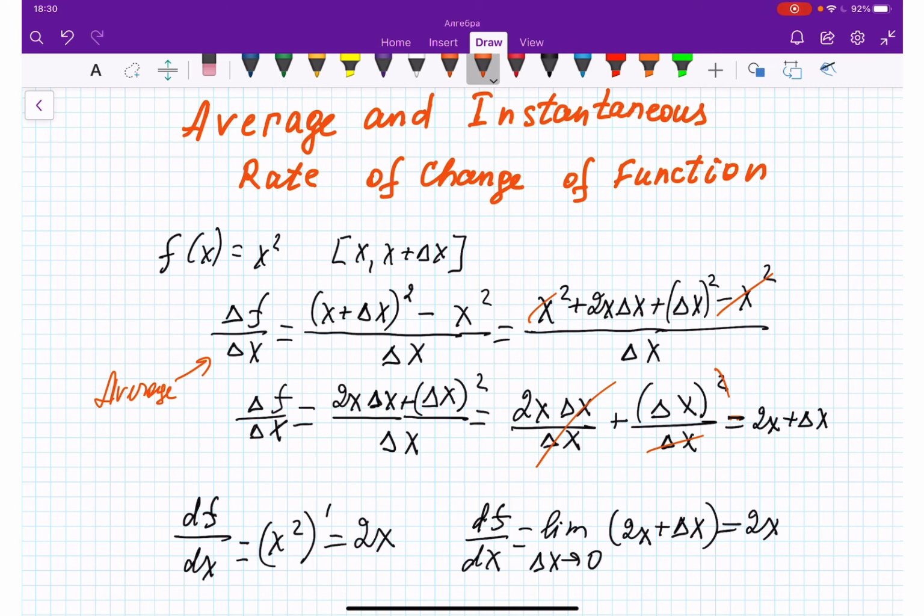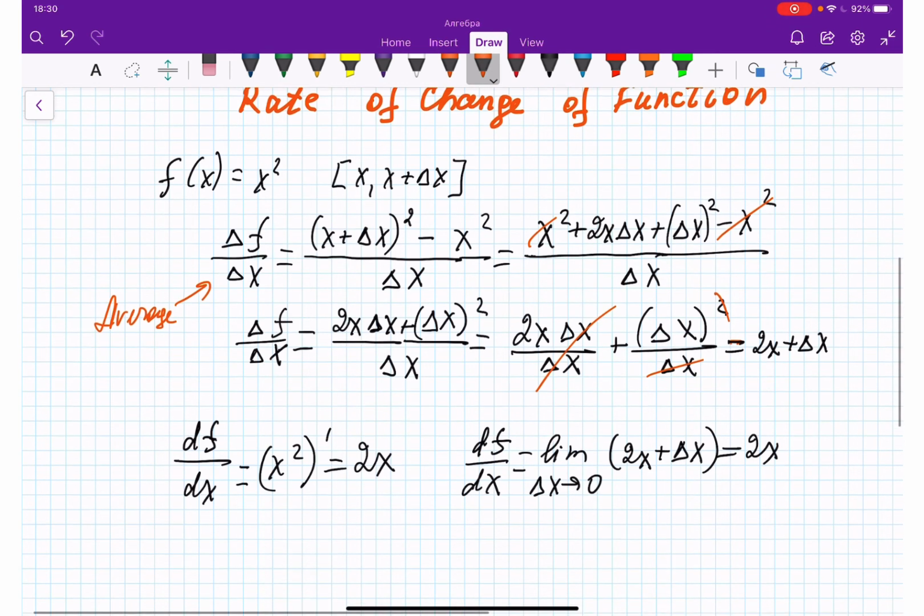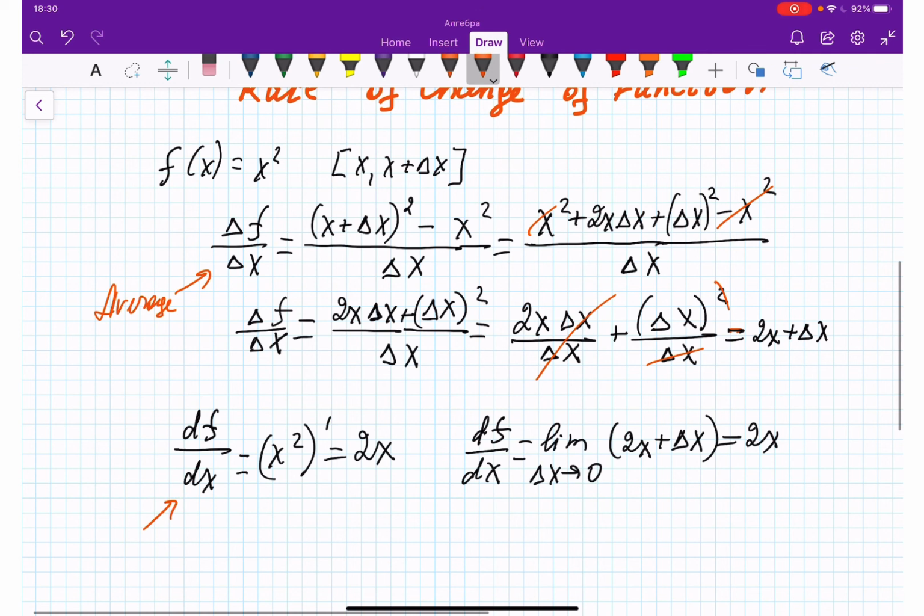So first, this average rate of change is versus the instantaneous rate of change, which is the derivative. And what is the instantaneous speed of the point? The instantaneous speed characterizes the movement at a certain point in time.